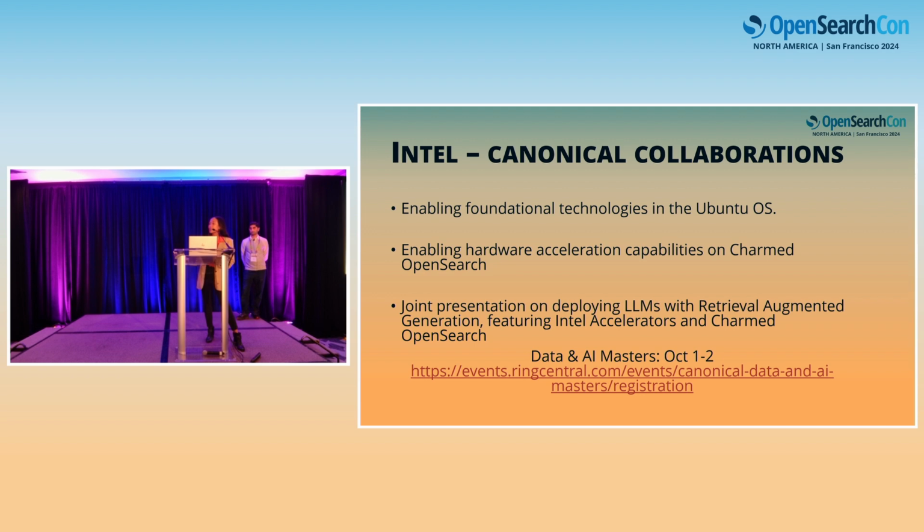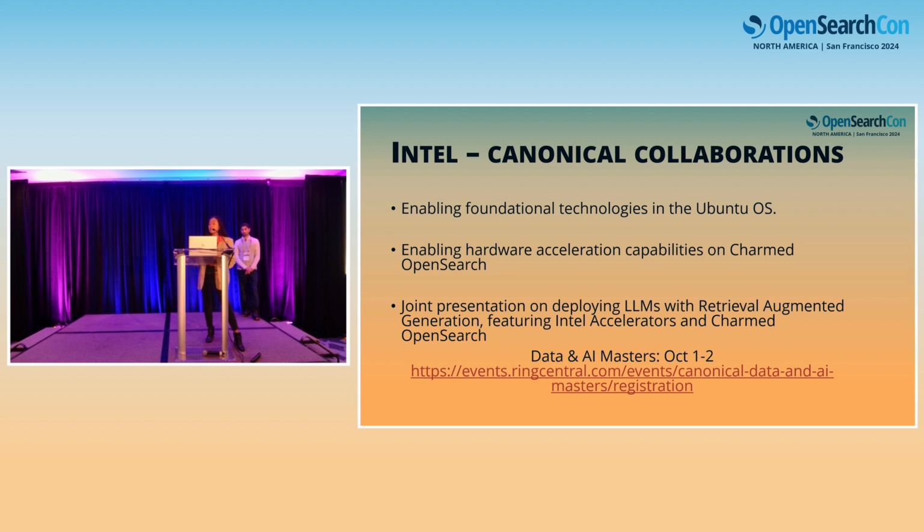But on top of that, we make a lot of innovations to make sure OpenSearch, for example, runs in Ubuntu seamlessly. And that's the reason why we actually started different types of projects and artifacts in OpenSearch, such as a snap, so you can run it in Ubuntu or any other Linux environment, or a rock for a container artifact.